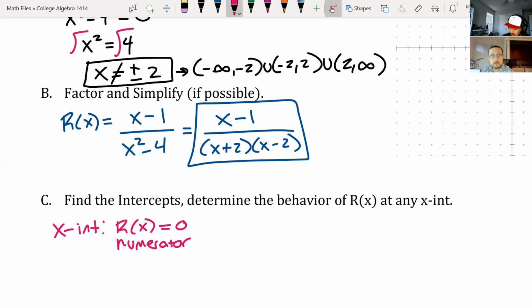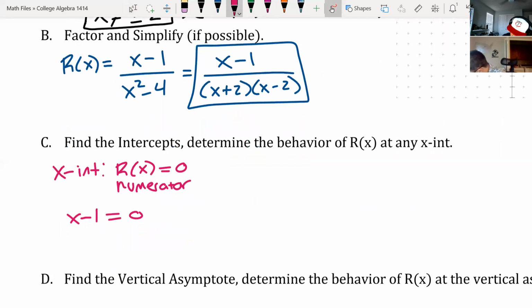and solve for x. So we'll get x minus 1 equal to 0, and we'll get x equals 1. Here's my x-intercept at 1, 0. Okay. Now we said determine the behavior of the function at the x-intercept. So what that means is we want to know what is the multiplicity, what is the characteristic of the graph going to do at this x-intercept.